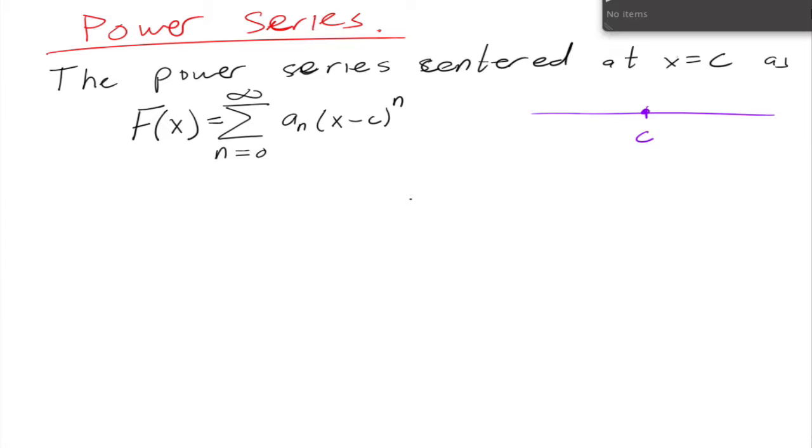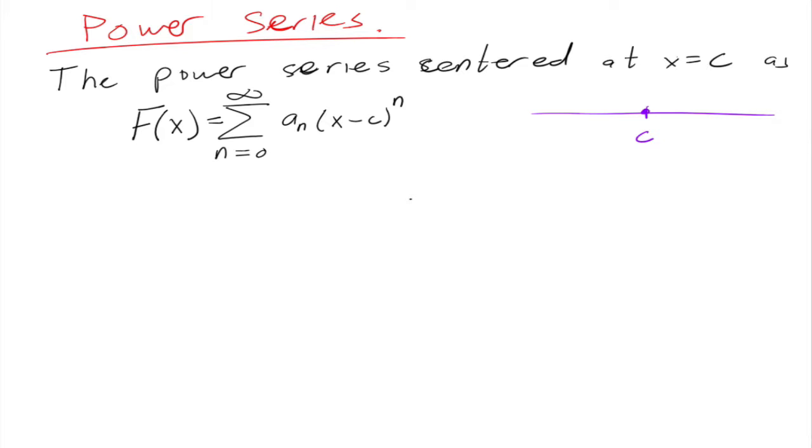But the farther you go away from c, the bigger the chance of diverging. And then, of course, you have the a sub n that also affects it, but for now we're ignoring that for the moment. But I think you all agree that if x minus c is small, it has a better chance of converging than if it's larger, right?